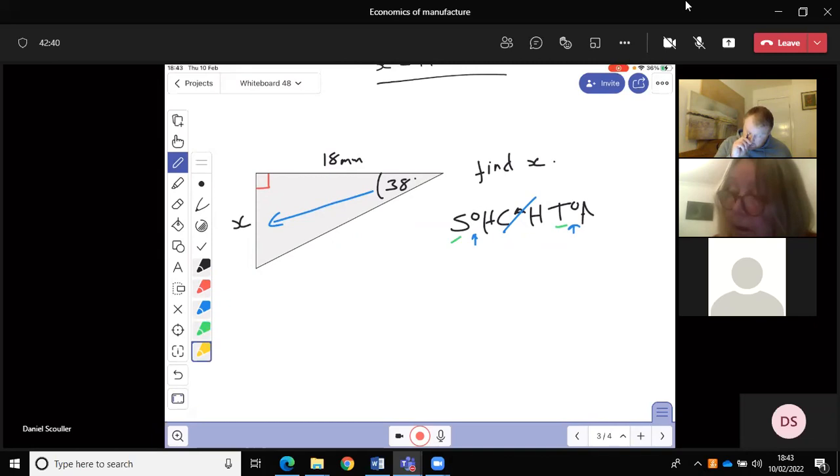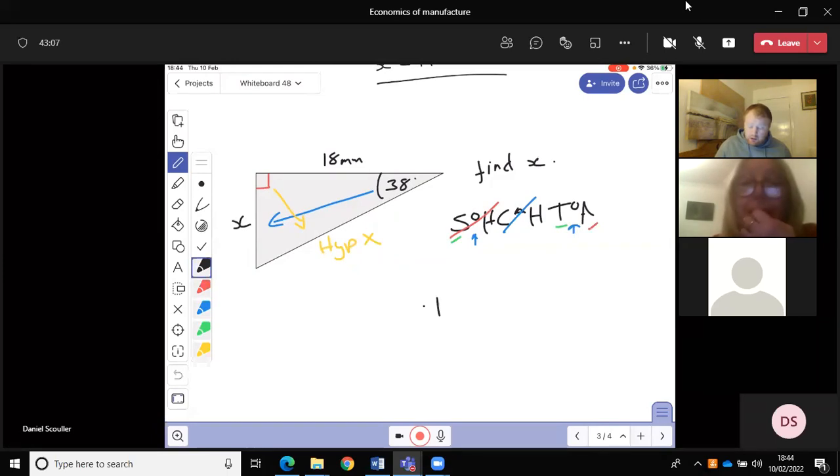Well, the hypotenuse is opposite the 90 degrees, so we've not got the hypotenuse. We've got the adjacent. So that 18 mil is the adjacent. Give a wee tick beside the A. Because we've not got the hypotenuse, that rules out sine. So we can't use sine.